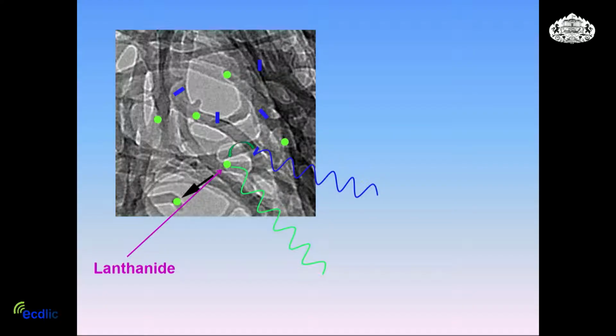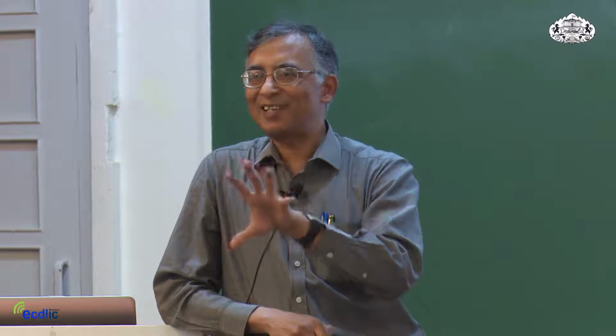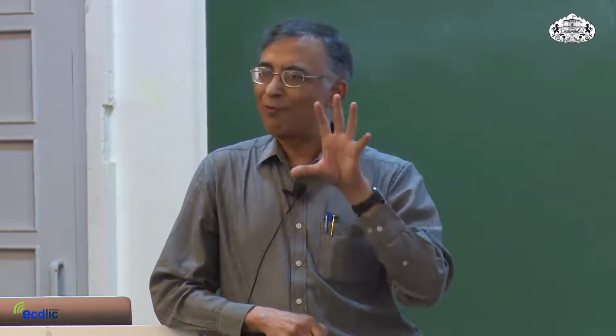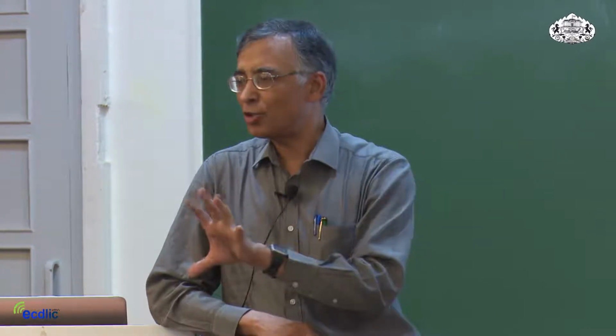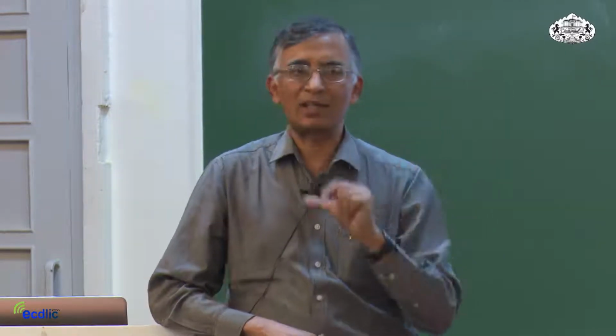So here the idea was, can we make a lanthanide cholate gel and dope it with a sensitizer, in such a way that we will excite the sensitizer, this will transfer the energy to the lanthanide, and the lanthanide will emit light. Lanthanides are important photoluminescent materials, but they do not show photoluminescence in water because the water essentially quenches their luminescence.